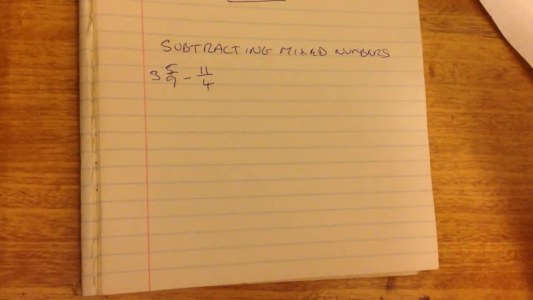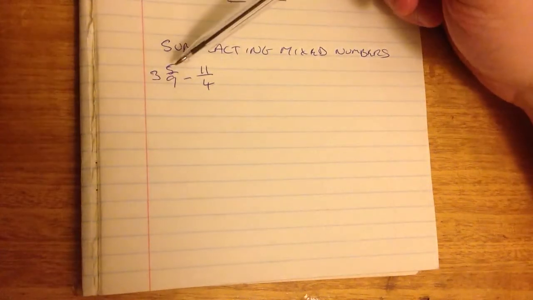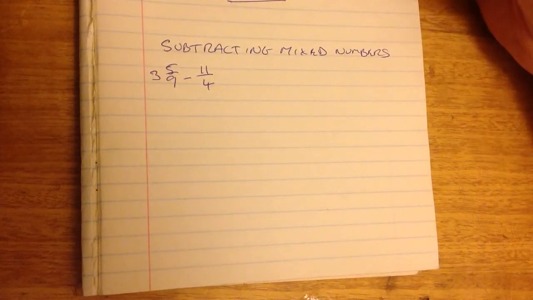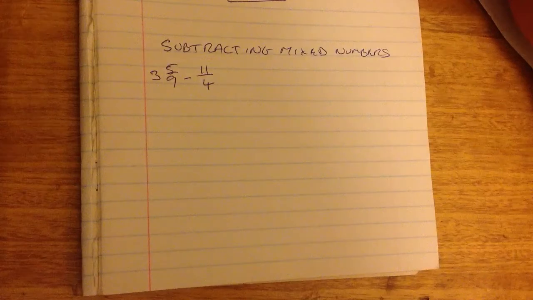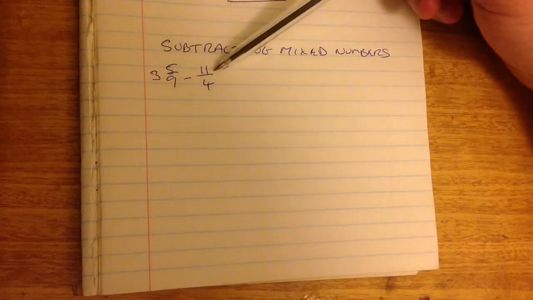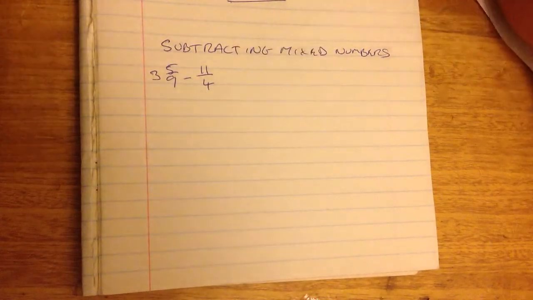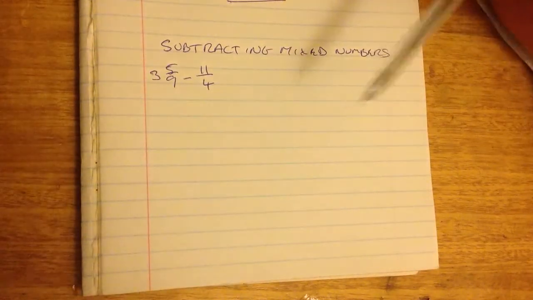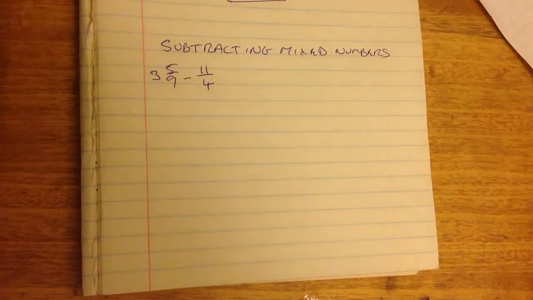Could do a couple of things here really. What we could do is convert our mixed number into an improper fraction, then work on that. Or we can convert our improper fraction to a mixed number and work with that. What I'd like to do, I think, is work with mixed numbers.